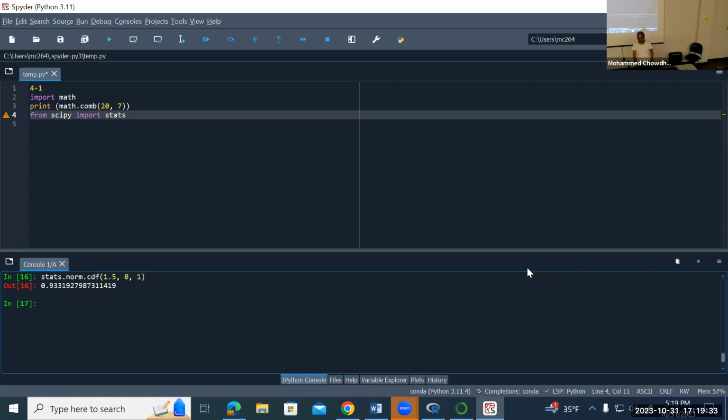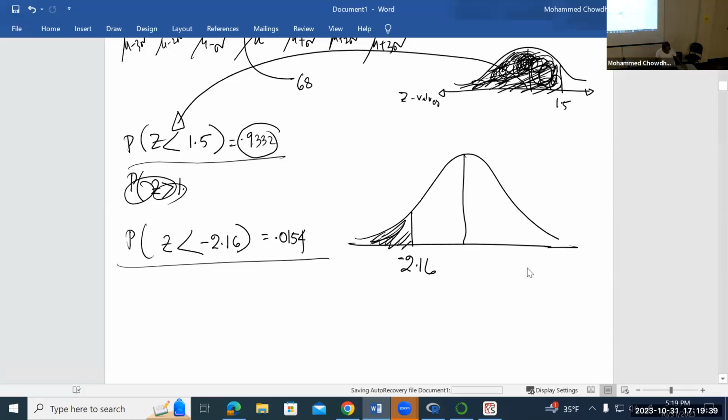Where did you get the 0 and the 1? Oh, fantastic question. Very good, Jana. So where did I get 0 and 1? It has a mean 0 and a standard deviation of 1.